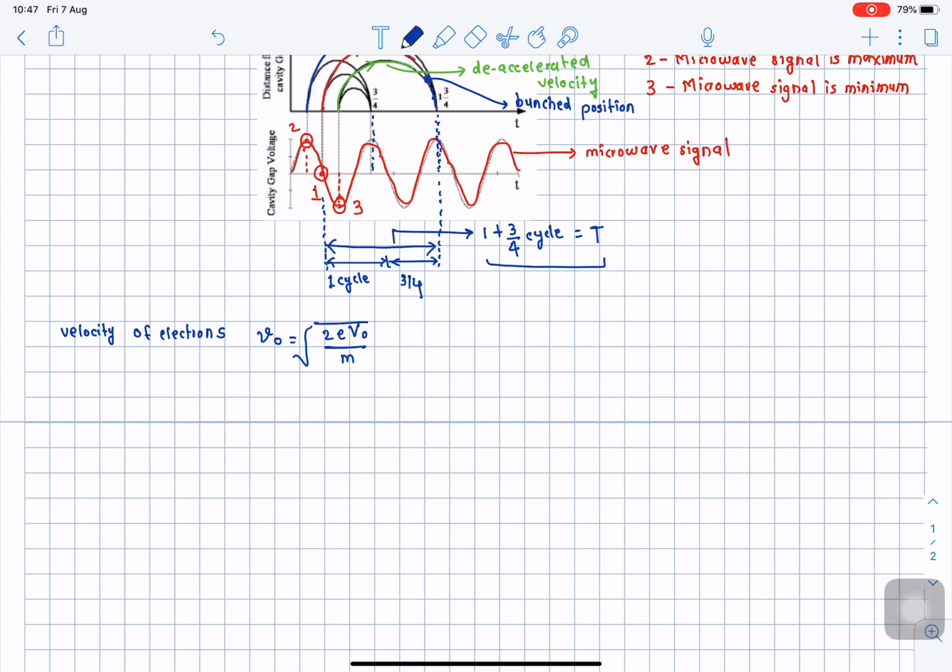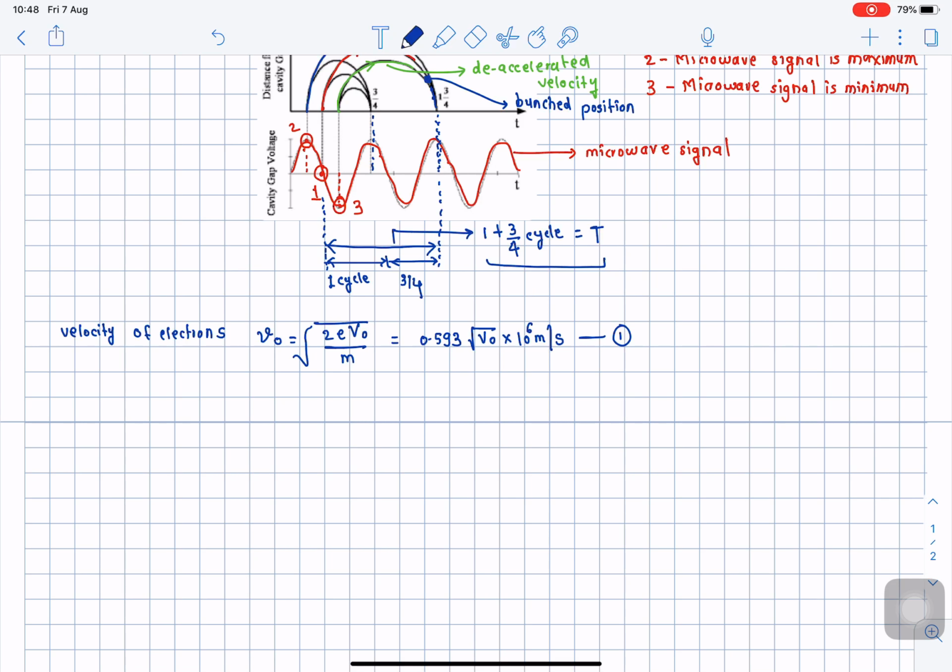When we substitute the values of electron charge and mass, we get this equation approximately as 0.593 square root of V0, into 10 raised to 6 meters per second approximately.